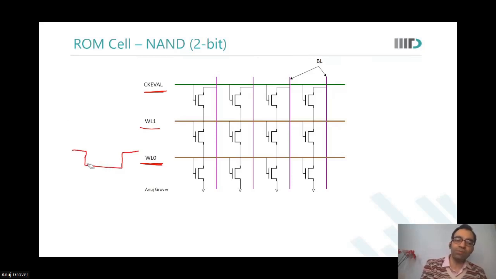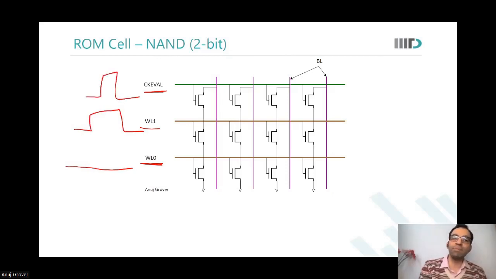Or wait, if I have to read word line 0, I will take word line 1 as 1, and I will maintain word line 0 at low level. Okay. So when the clock comes, what happens? Will the bit lines discharge?